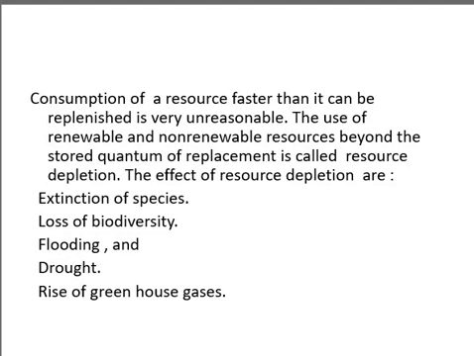Loss of biodiversity is a great loss, and flooding is caused, and droughts and a rise of greenhouse gases, which is very dangerous, a catastrophic prelude to catastrophic events for the earth.